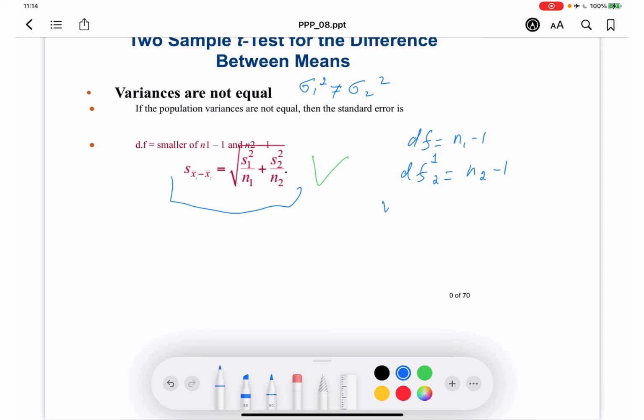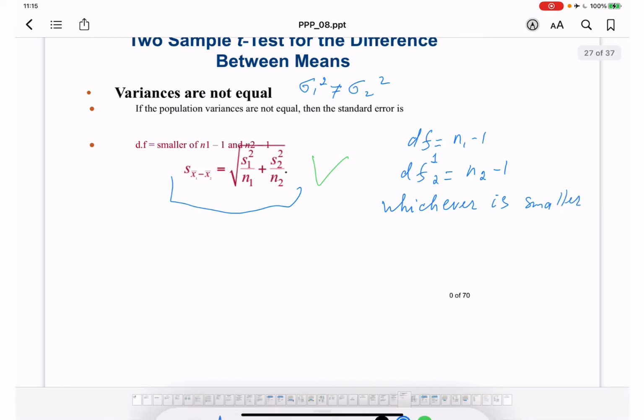You're going to take only one, whichever is smaller. Whichever is smaller, that's the degrees of freedom you are taking. Okay? All right. Please don't focus on the formula. I will come up with some ideas, so you don't have to do the details of the calculation.